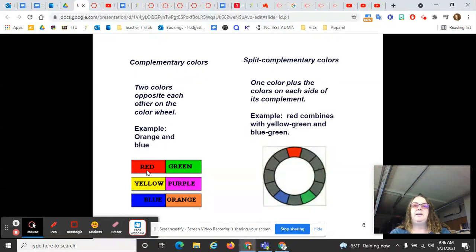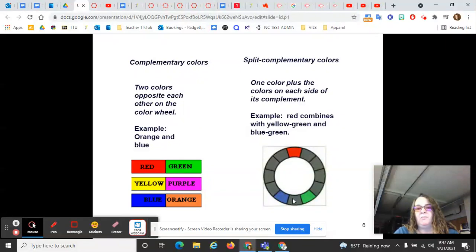Then you have split complements. Okay, a split complement is if you take one color, go straight across to the next color, and then go to each side of that complement. So here you would have red, straight across would be green.